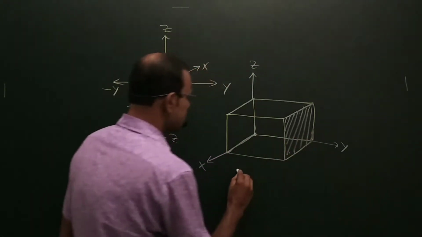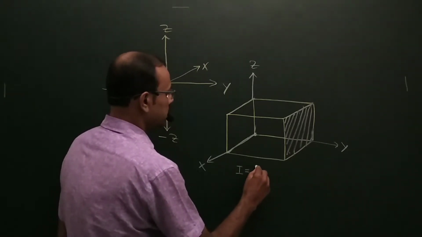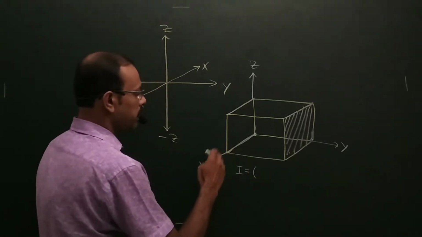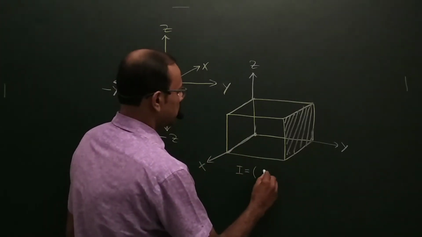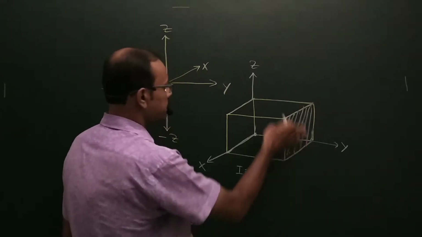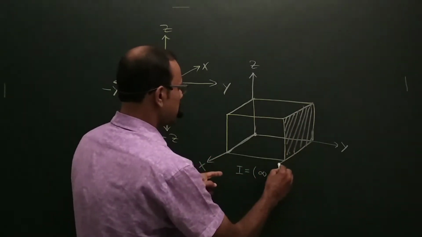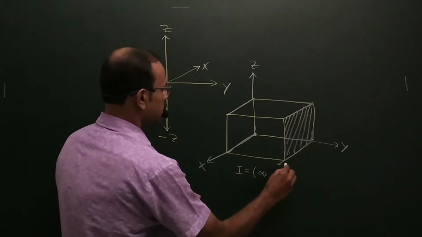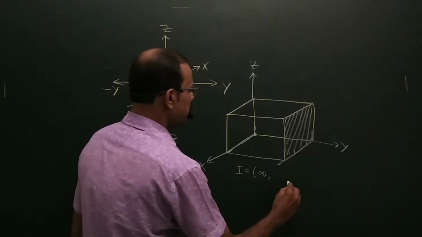Therefore, the integers or raised indices along x, y, and z directions are: infinity, because the plane is parallel to the x-axis. You see, it is parallel to the x-axis, and you see it is parallel to the z-axis also.